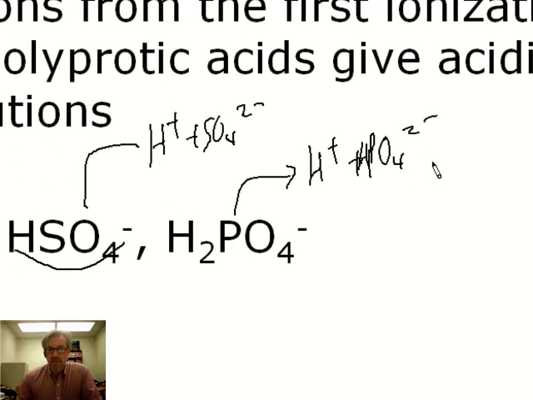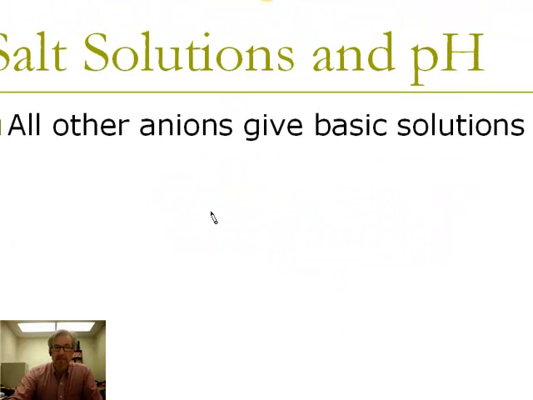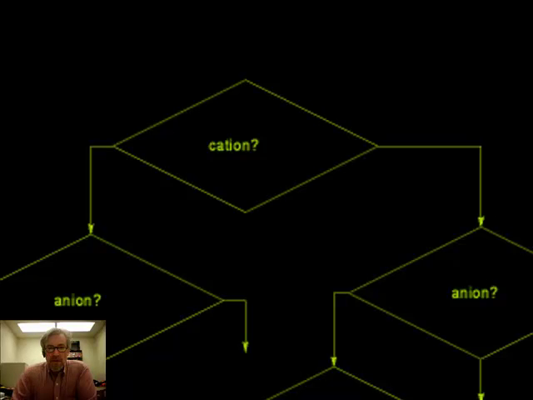So in both cases, those anions will produce H pluses and give an acidic solution. All other anions are actually the conjugate bases of weak acids, and so they will have a basic effect on a solution. So let's put these effects together, the cation and the anion effect, and go through all the possibilities that could arise as we examine a particular salt solution.